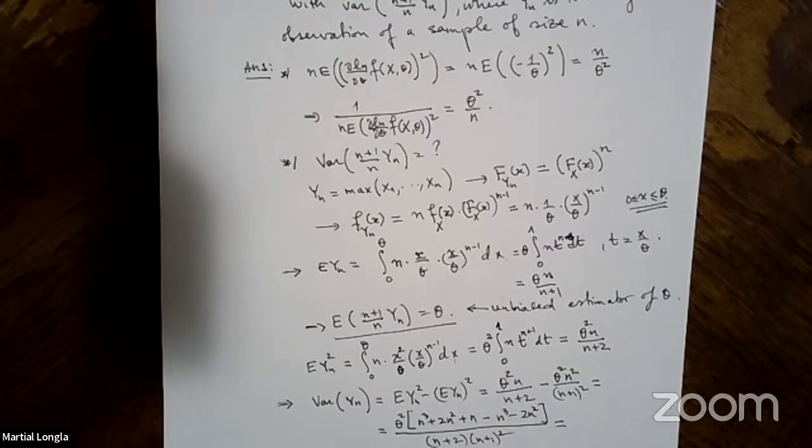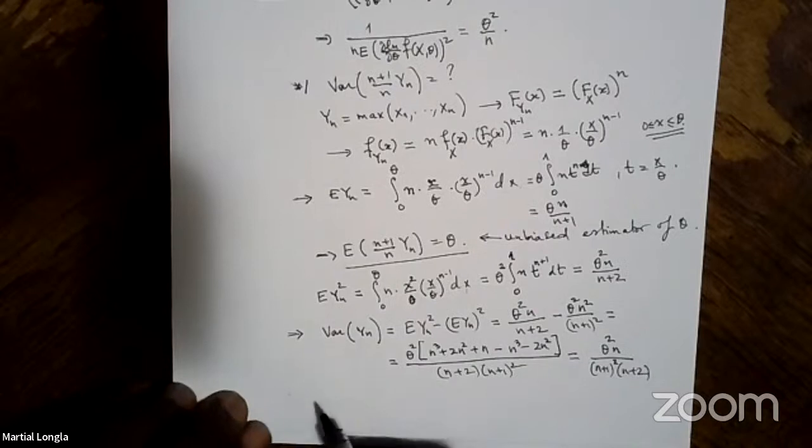As you can see, things cancel. So you get theta squared times n over n plus 1 squared times n plus 2.